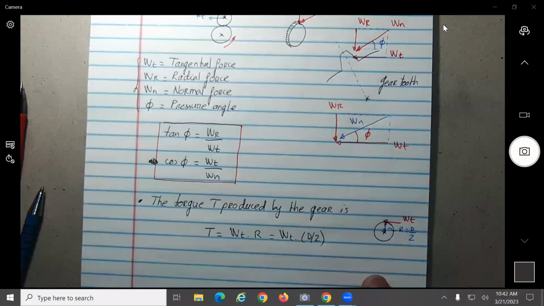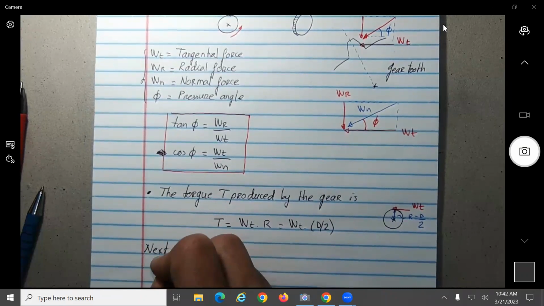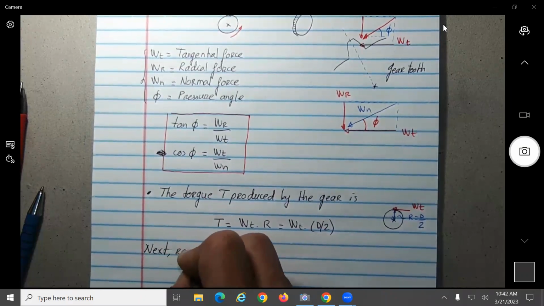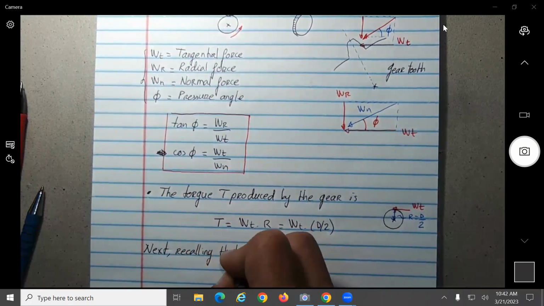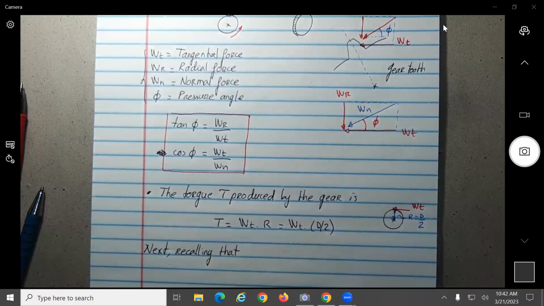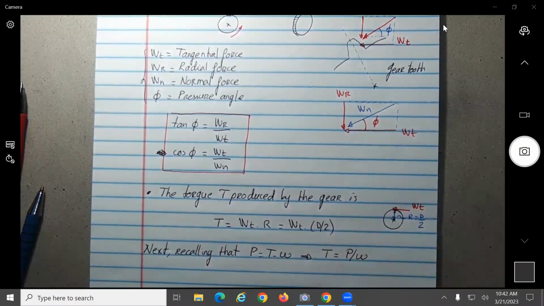All right, now, next. Recalling that power equals T times omega, that means T is equal to the power divided by the angular velocity.